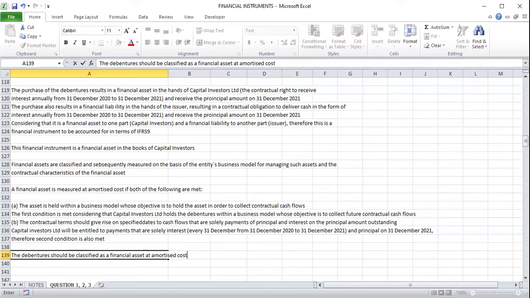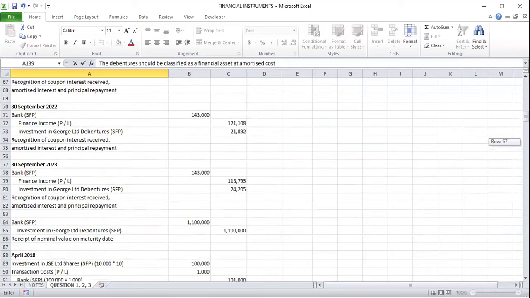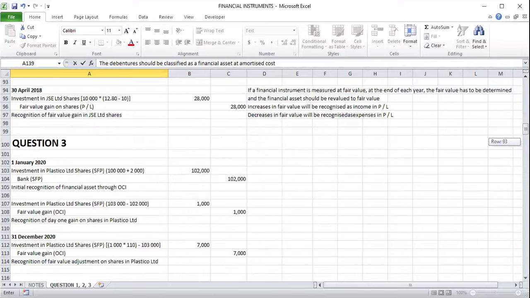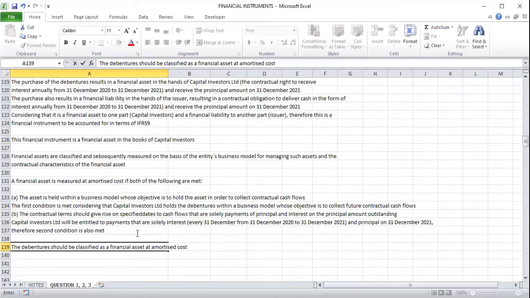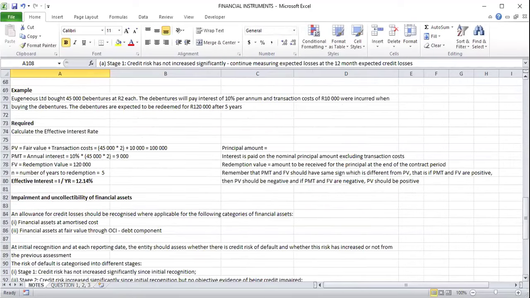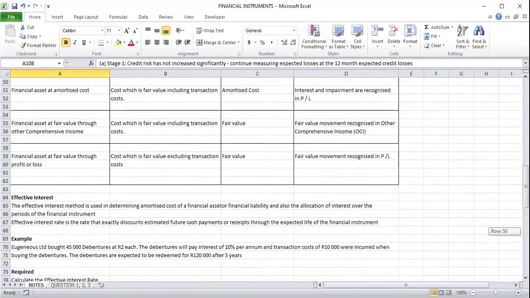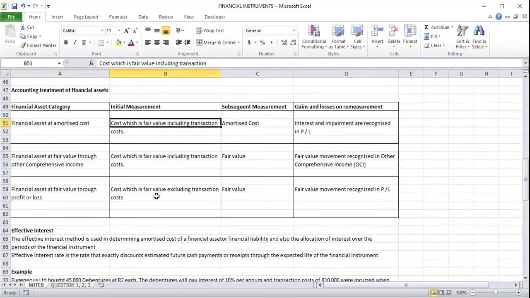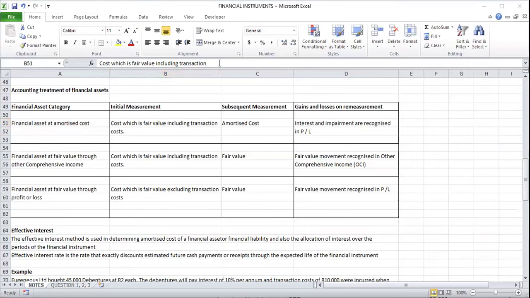Right. Now, we know from this table that initially, if a financial asset is measured at amortized cost, it should be measured at fair value, including transaction cost. Now, this bookkeeper did not include the transaction cost in the financial instrument.